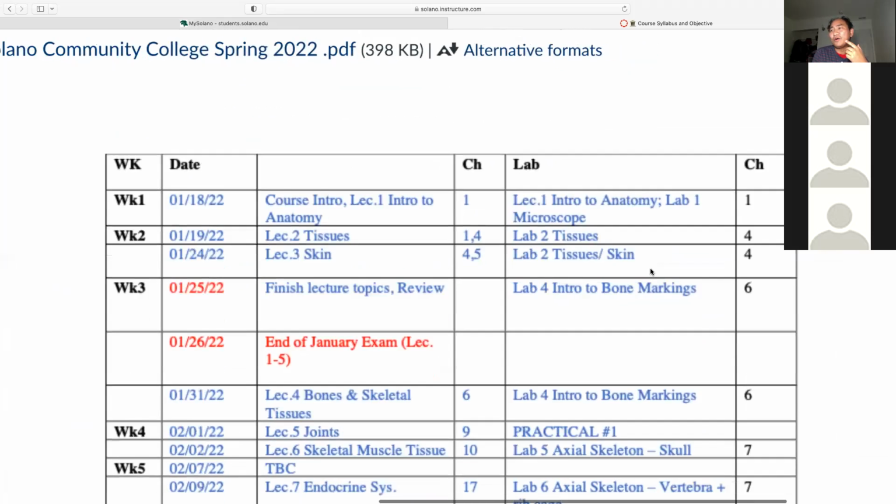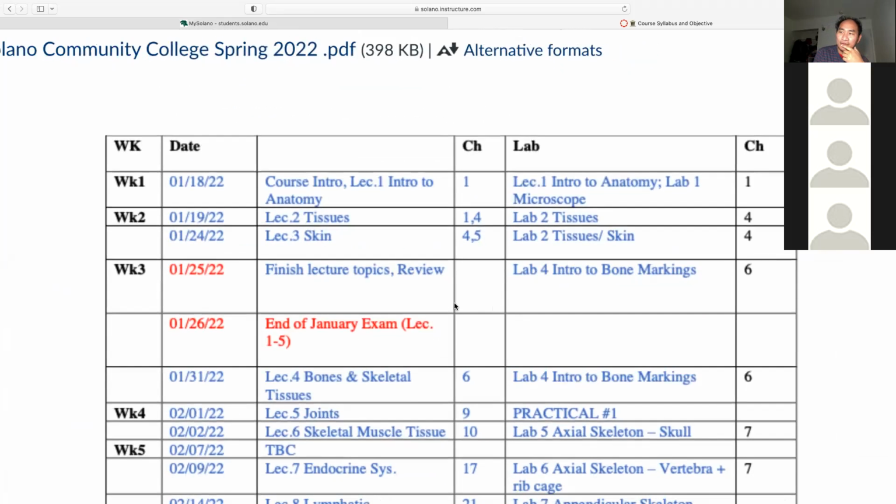So for tomorrow, we will be doing bones and skeletal tissue. I'm sorry, I didn't do the revision for the skin because it was just done. Tomorrow's lecture will be on bone and skeletal tissue. I hope that's okay.